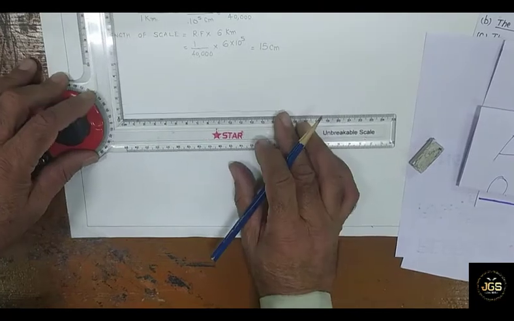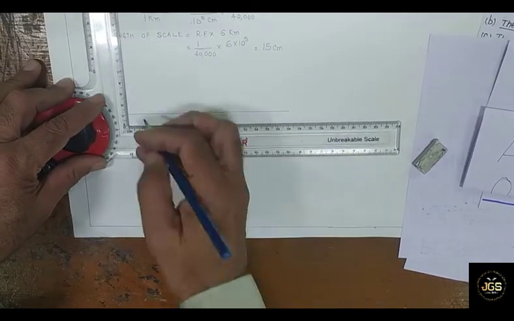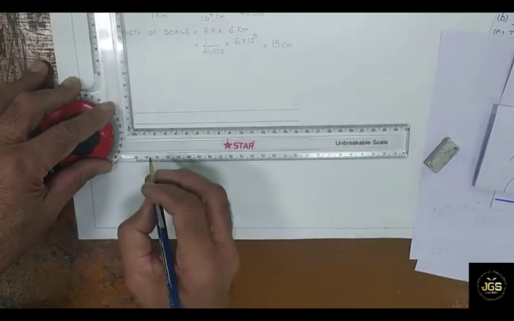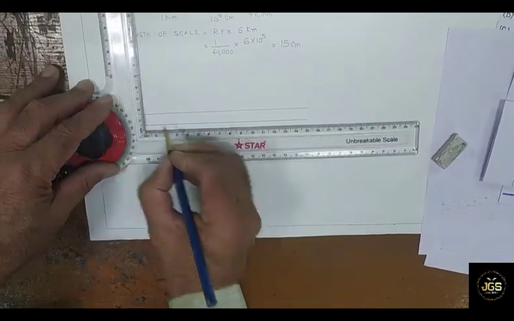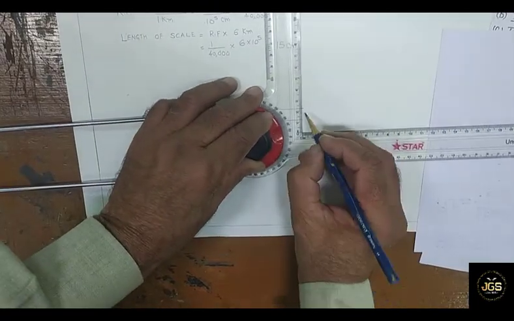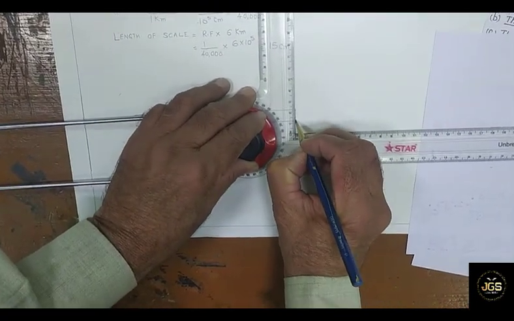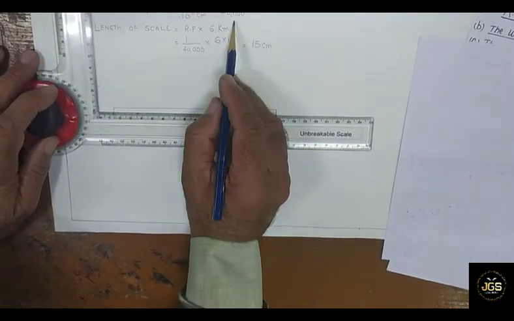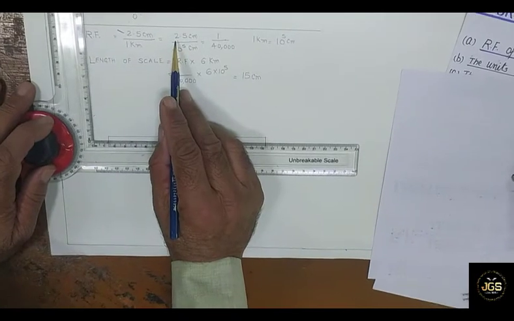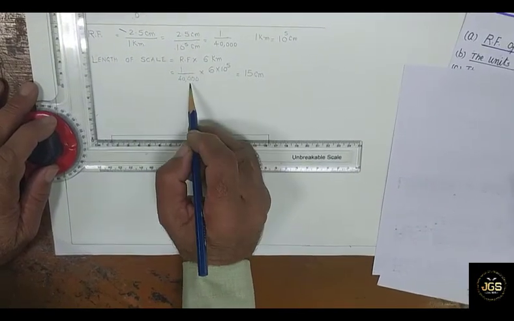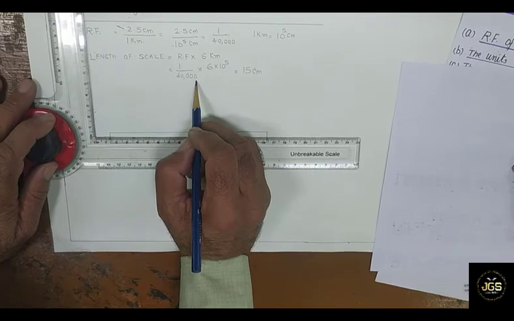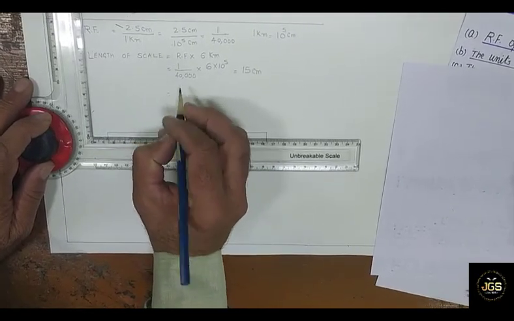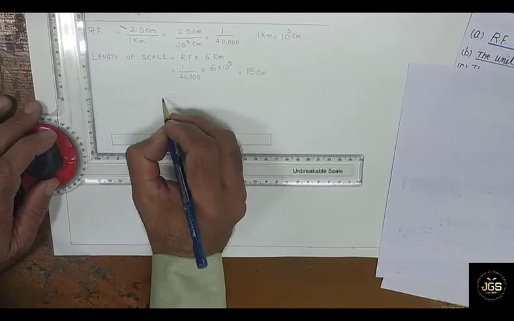Take one more line at a distance of 1 centimeter. You join this, and then again here you should know the length of one division. For 1 centimeter is represented by 40,000 meters. So if you multiply it with this, here division should be like this.